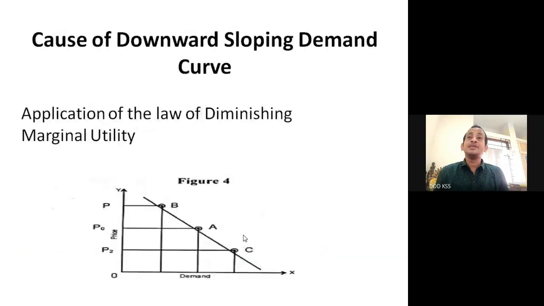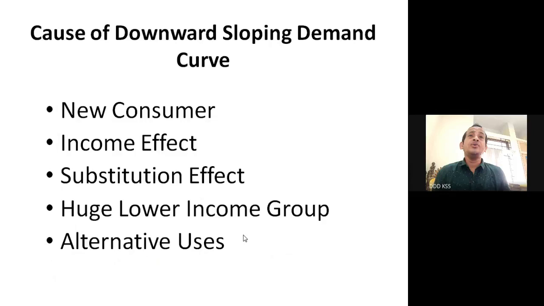Now again, I will give you the highlights. In the causes of the downward sloping demand curve, we discussed causes like application of the law of diminishing marginal utility, then new consumers, income effect, substitution effect, use by lower income groups, then alternative uses of the good.